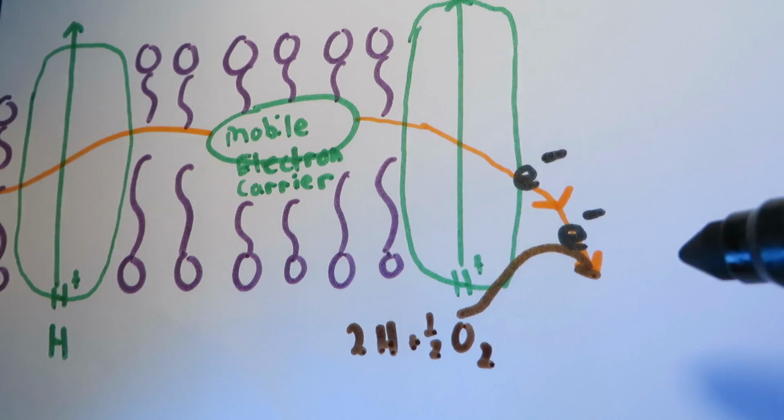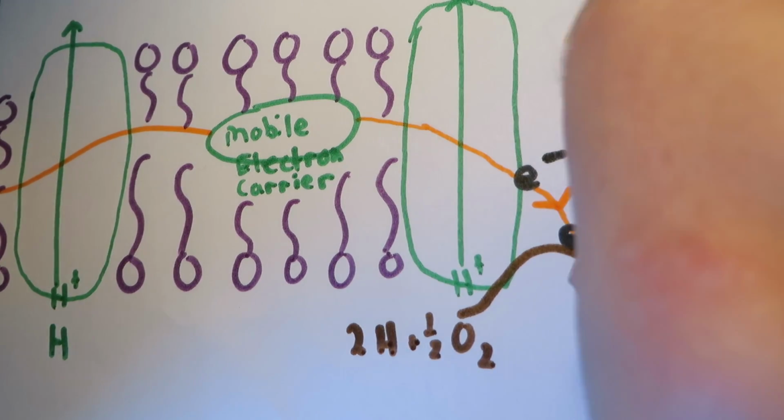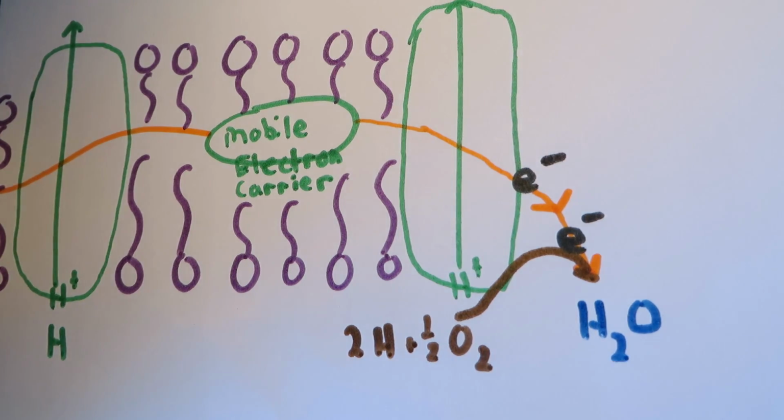Eventually, the electrons from the electron transport chain combine with 2 hydrogens and 1 oxygen to create water.